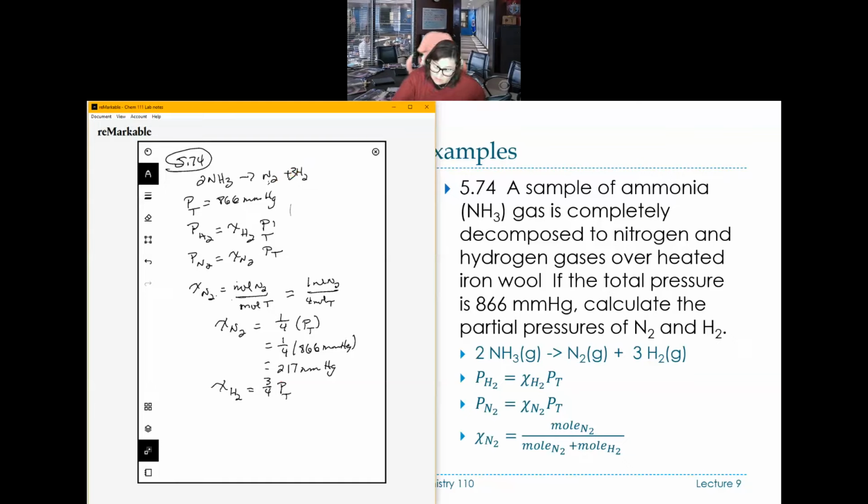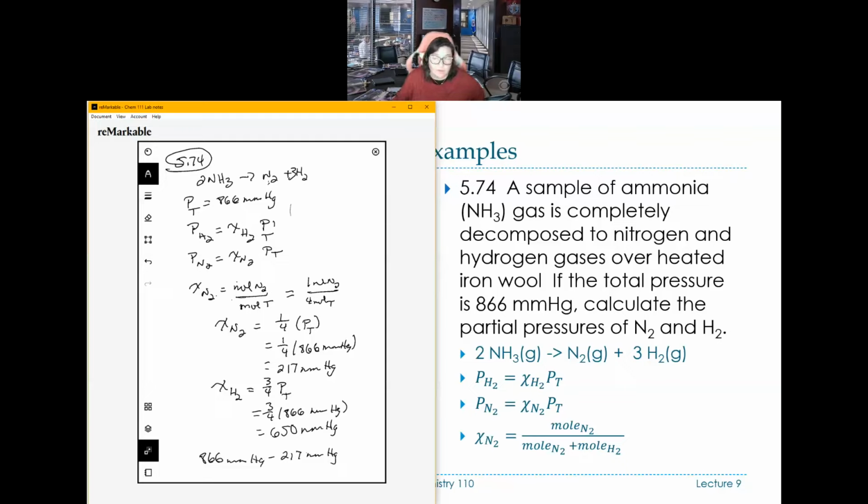So that gives me 3/4 of 866 millimeters of mercury, and that's equal to 650. I also know that 866 millimeters of mercury minus 217 millimeters of mercury should give me the 650.